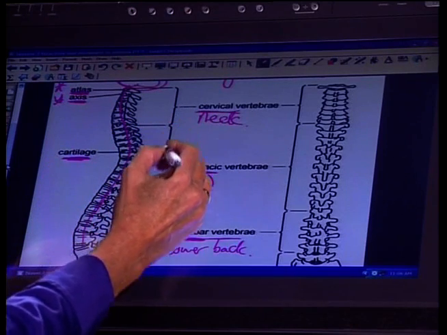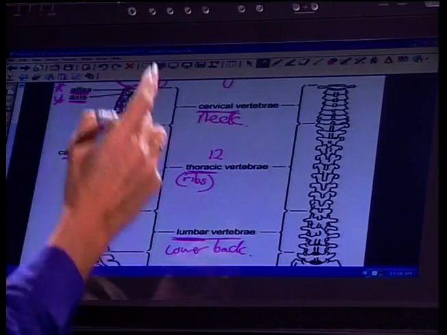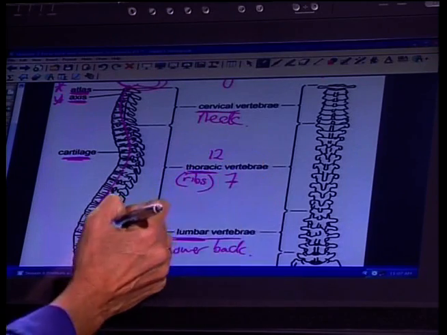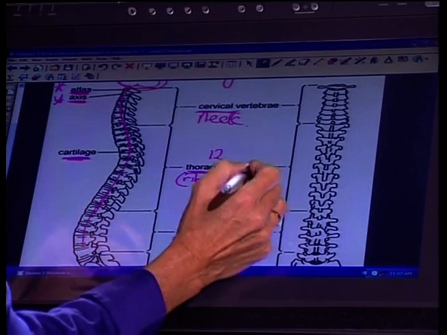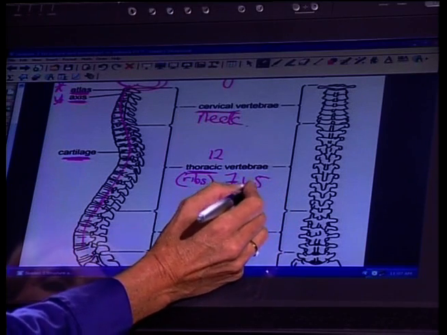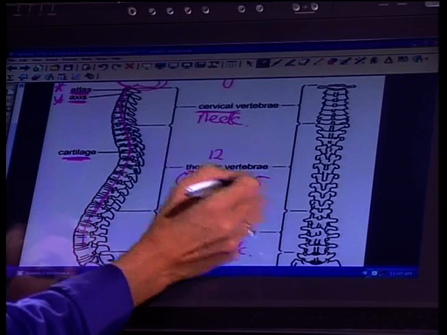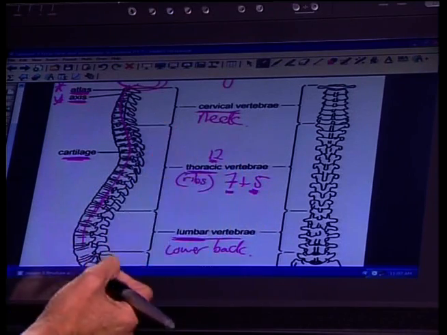Then we have our 12 thoracic vertebrae. Why? Because of our ribs. We've got 7 pairs of ribs, and then we have 5. Okay, so we got 3 false ribs and 2 floating ribs, but they are not true ribs. So if there's 7 ribs together, 7 ribs and 5 ribs, they're 12 ribs, and those ribs are all attached to your thoracic vertebra, so there must be 12.